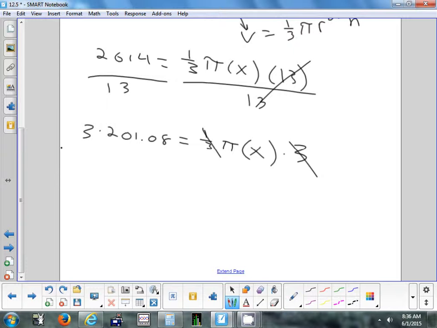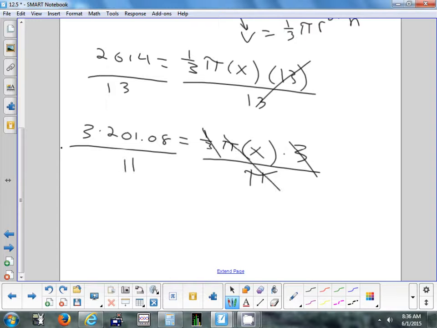And now how about the pi? We can move that just like we moved the 13. So James, how would I move that? You divide it. Yep, divide by pi.